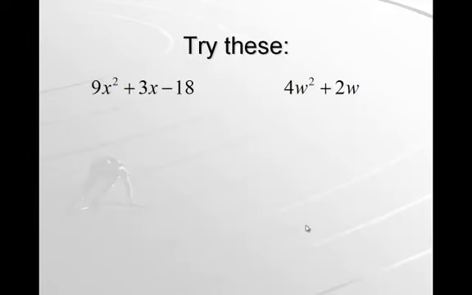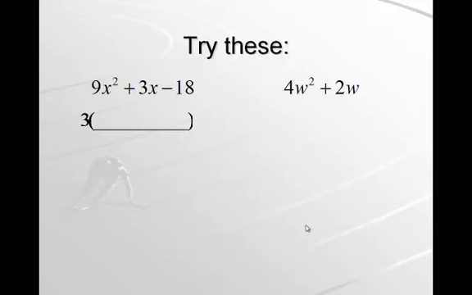Try these next two problems, look for the greatest common factor, and pause until you're ready to go through them with me. Okay, on the first problem, our greatest common factor would be 3, not 3x. X is not in common to all three of our terms, it's only in common to the first two terms, so it doesn't count. 3 is the largest number that goes into all of these.